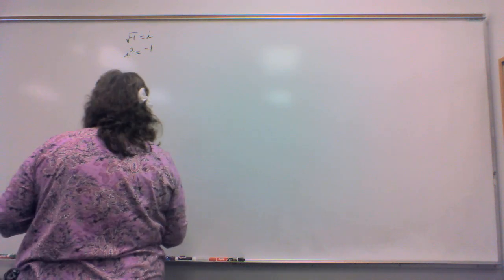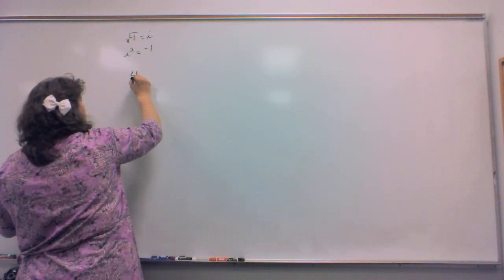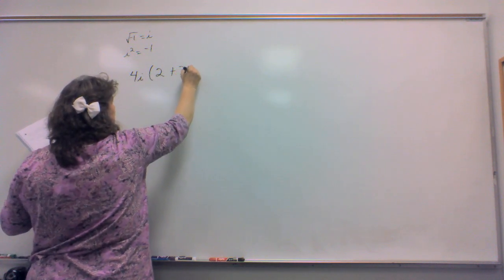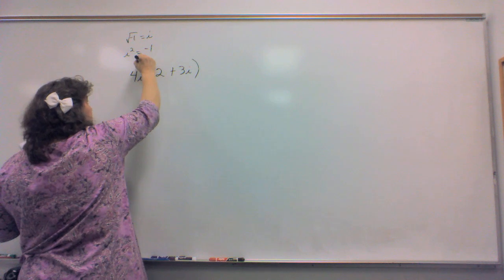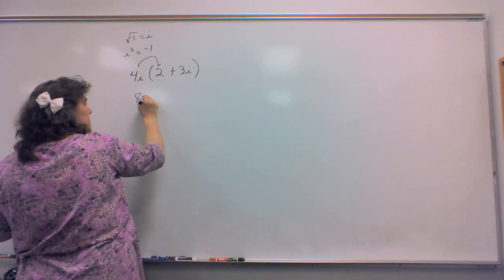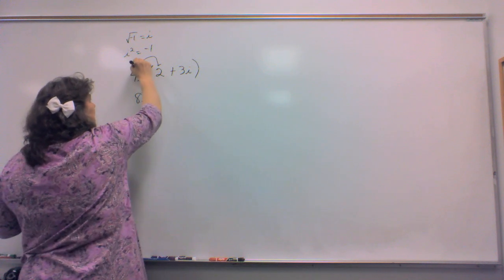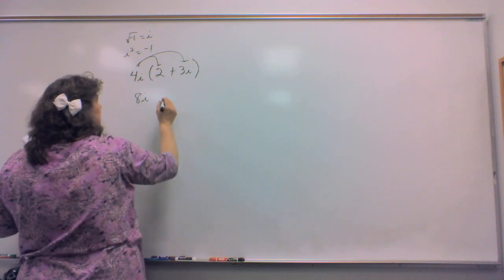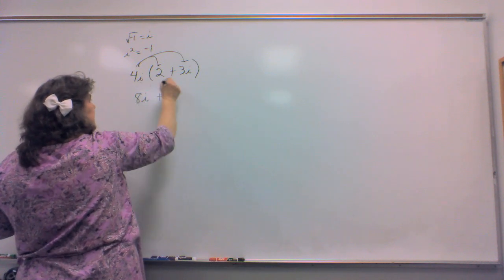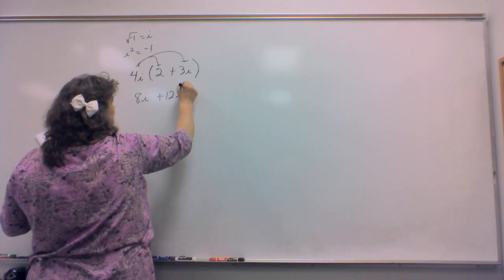Okay? So I have 4i times 2 plus 3i. Again, this is just distribution. 4i times 2 is 8i, and 4i times 3i, 4 times 3 is 12, and i times i is i squared.